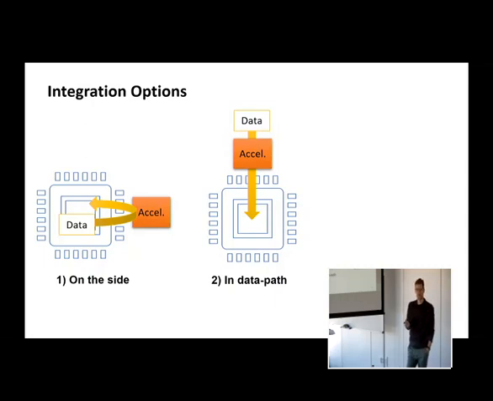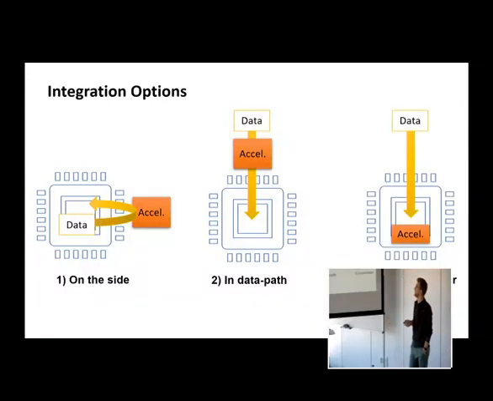The other option is the in-data path acceleration, where the data is coming from somewhere, and the somewhere could be main memory, the network, a disk, and it goes through, let's say, in a streaming fashion through an accelerator, which will either reduce the data amount, change it, transform it, or derive some additional information from it, and then pass it through to the CPU.